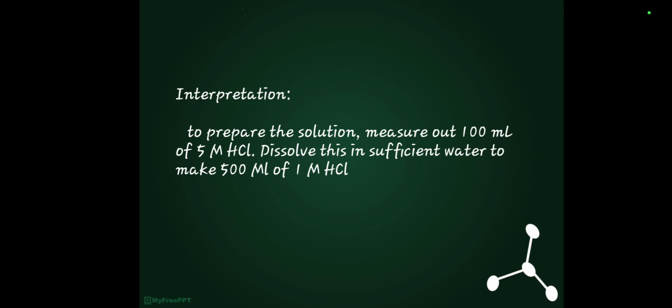Interpretation depends on how the calculation is done, or the result of the calculation. So to prepare the solution, measure out 100 mL of 5M hydrochloric acid. Dissolve this in sufficient water to make 500 mL of 1M hydrochloric acid. Okay, so that would be the interpretation of the first example.